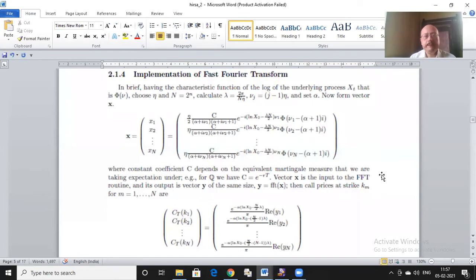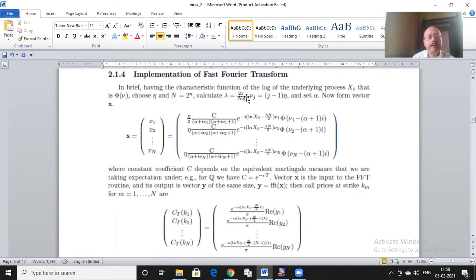So we have the characteristic function, which is phi for x t. We choose eta and we choose capital N equal to 2 to the power small n. This is our divide and conquer, the FFT, power of 2. So we'll go by like 16, 32, 64 like that.